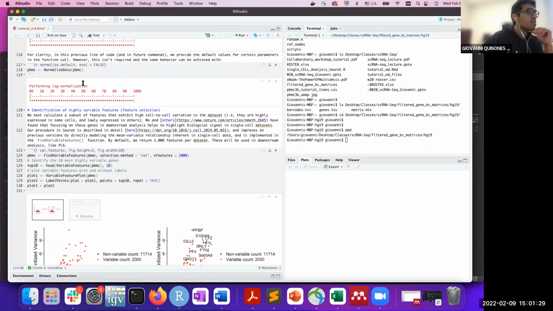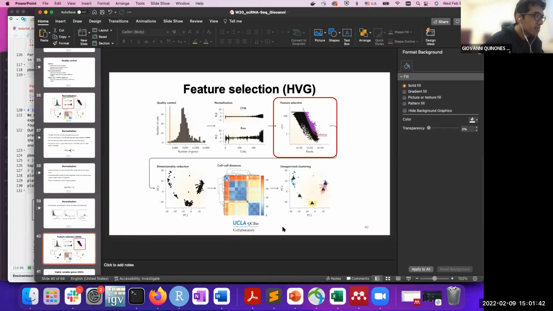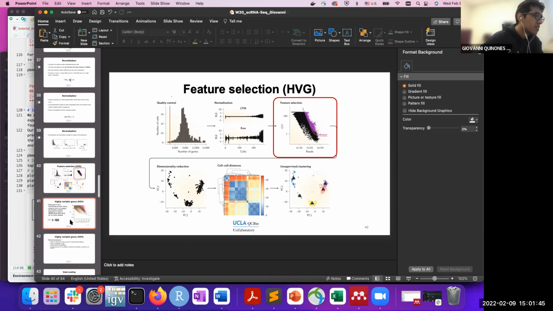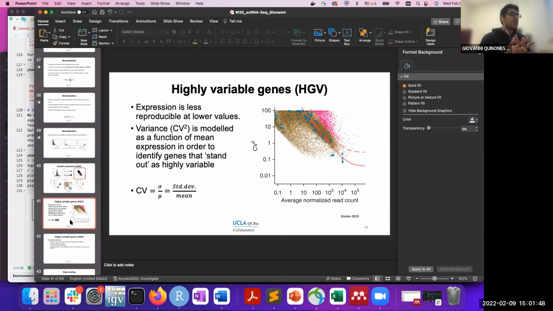Now we can talk about the next step in our pipeline, which is identifying highly variable features, in our case, highly variable genes. The motivation for this step, why we want to identify the highly variable genes, relates to the point that was made earlier: there is a bunch of housekeeping genes that you expect to have a somewhat consistent expression across different cells.